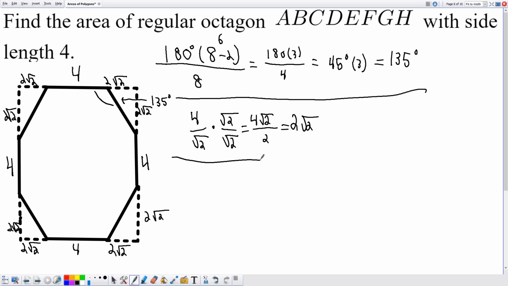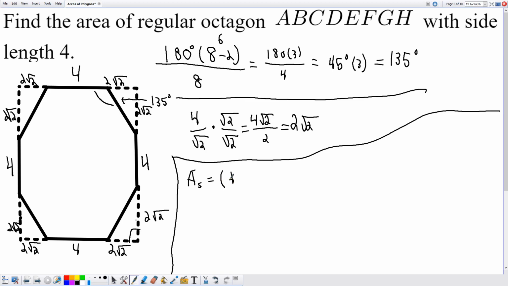Now, how can I approach the problem from here? Well, since we have a square, since all the sides are the same, and there's right angles on all these vertices, we can find the area of the square. So, the area of the square is the length of the side, which is 4 plus 2 root 2 plus 2 root 2, which becomes 4 plus 4 root 2, squared.